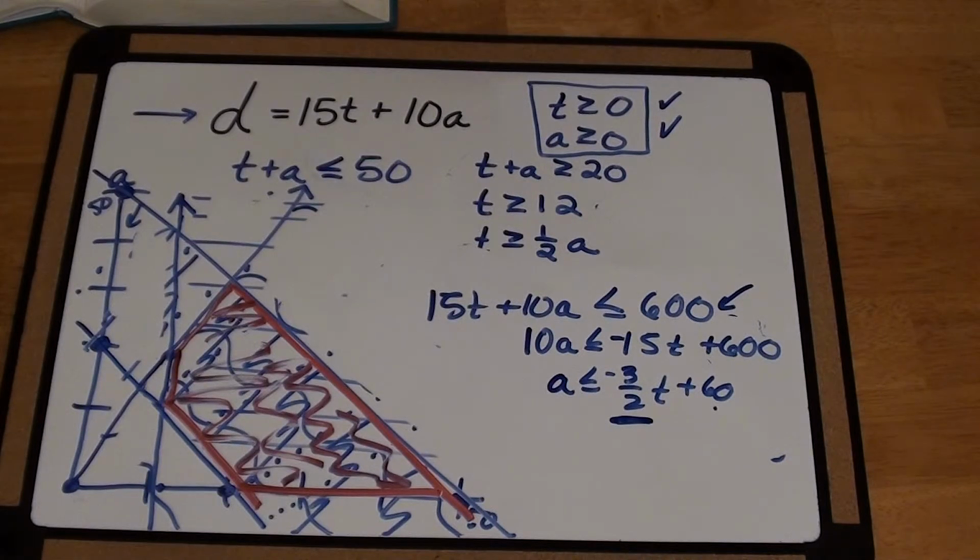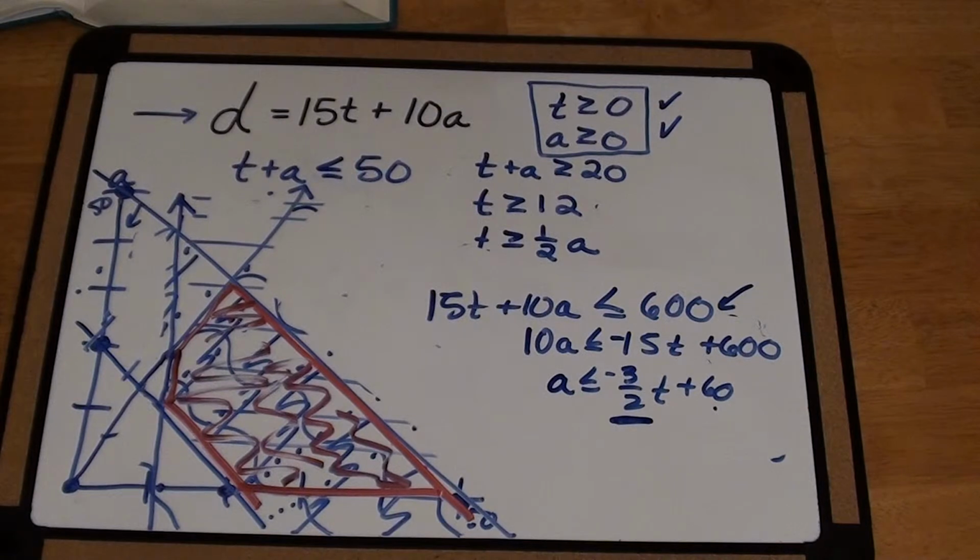Now they want to know, as they work down the bottom of this problem, and it just gets so messy. I apologize that I can't get more of this on here. Maybe I'll do another video working another problem. You need to look at, it says, from the graph you can tell that this is the point where the boundary lines t equal 12 and t plus a equal 20 intersect each other.